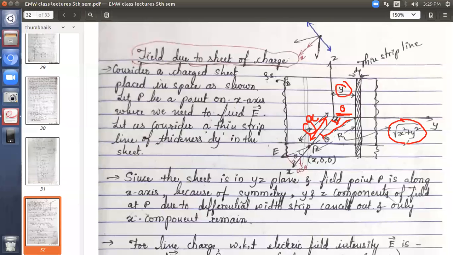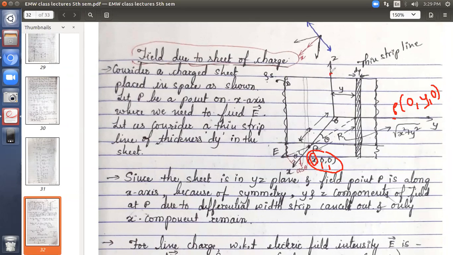Taking that, R is calculated, and the coordinates of point P are very clear. As the point is on the x axis, the values are x, 0, 0. If point P were on the y axis, it would be 0, y, 0.